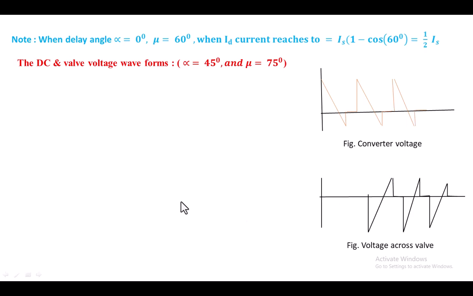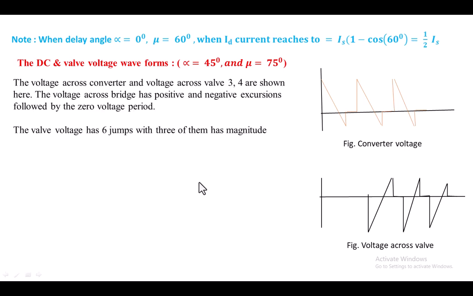If you observe the voltage across the device, the voltage across the device also will be changing from negative to positive. This is the high jump voltage. This is the low jump voltage. Nothing but 6 jumps we can observe if we observe the voltage across the device. Now the 3 jump voltages are equal.